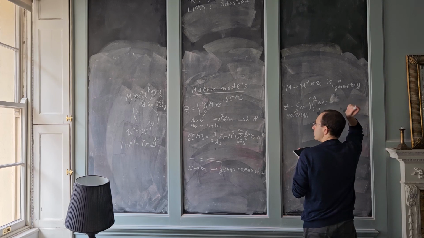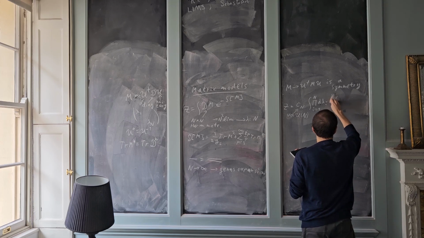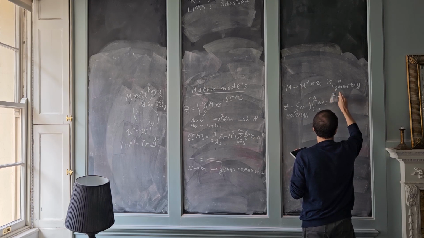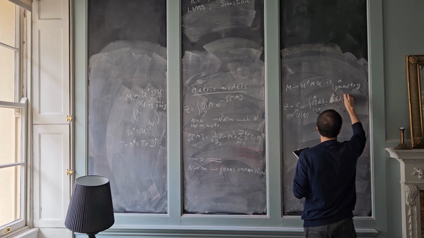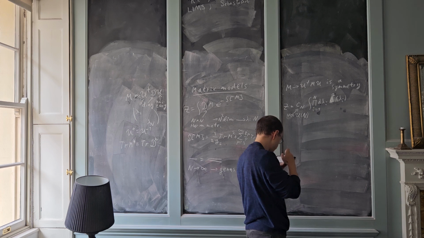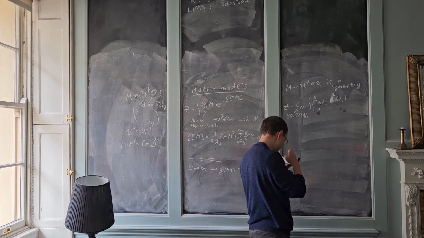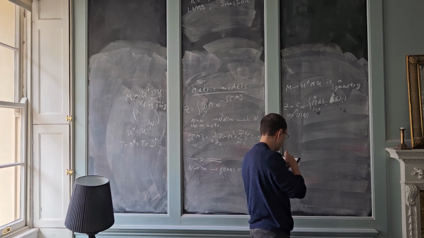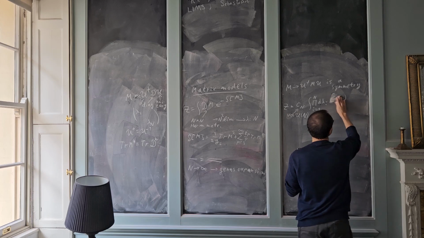So the best way, let's say delta squared of lambda i. Well, okay, better to write it differently.